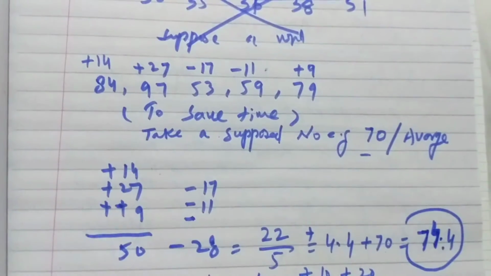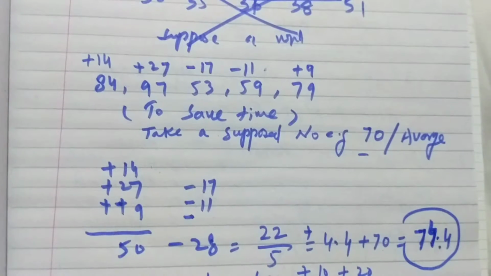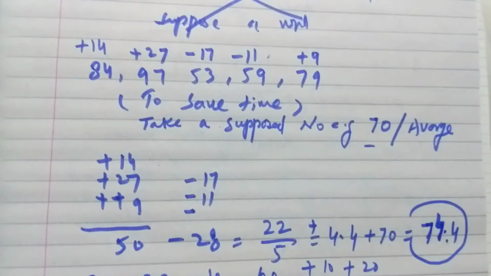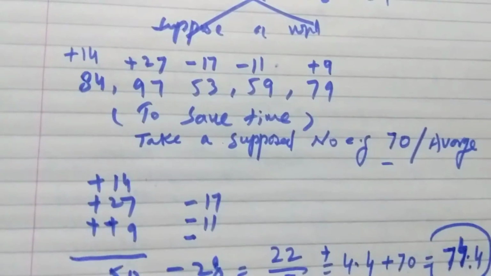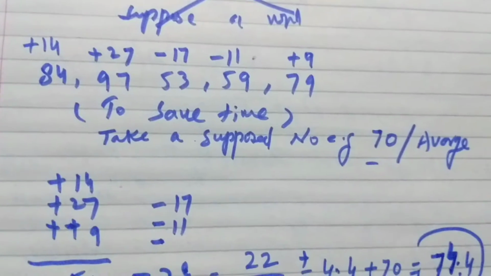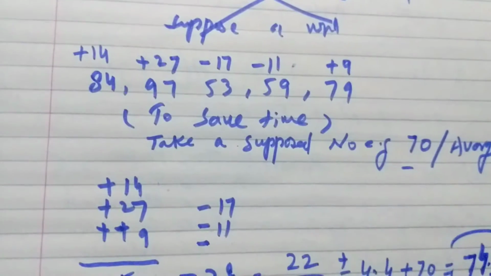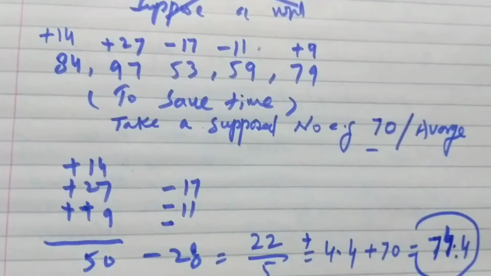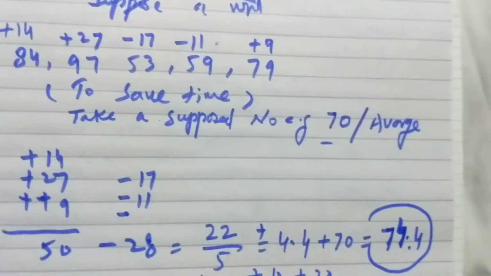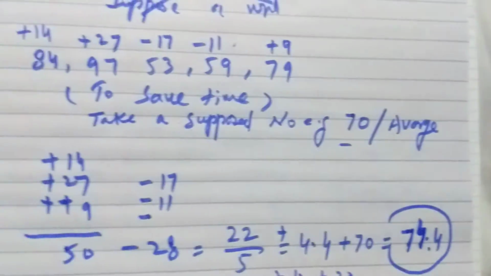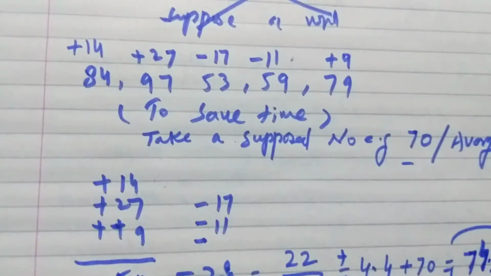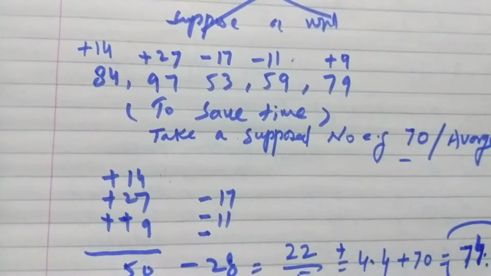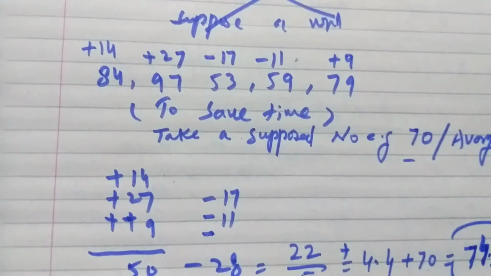Another way to save time for calculating the average of values is this way. The values are 84, 97, 53, 59 and 79. So take any assumed value as average. As we have assumed 70, so now 84 is 14 more than 70.